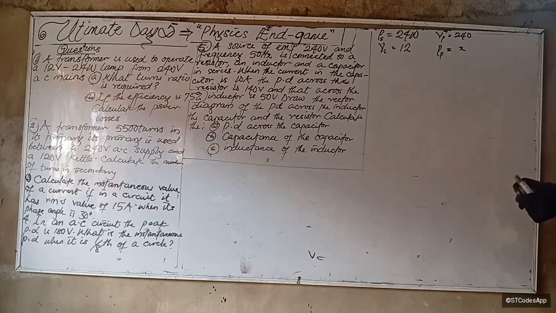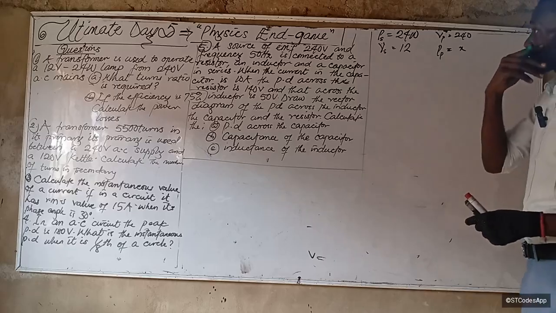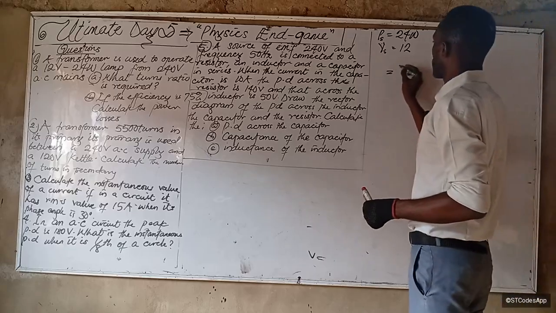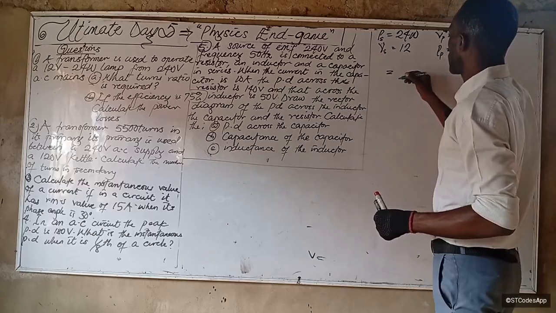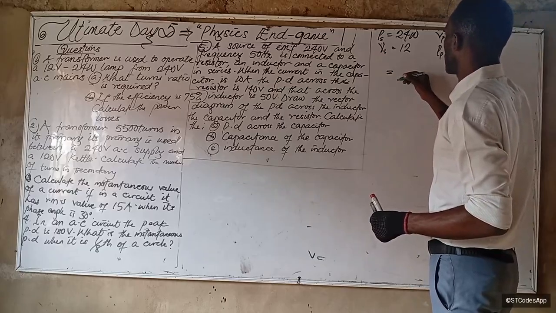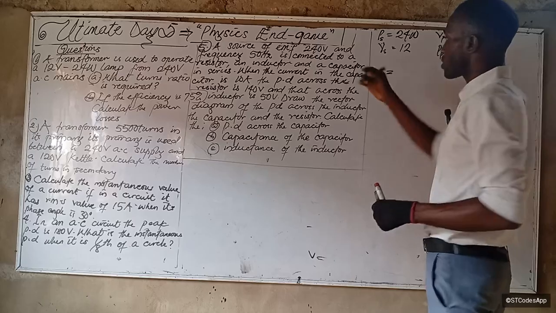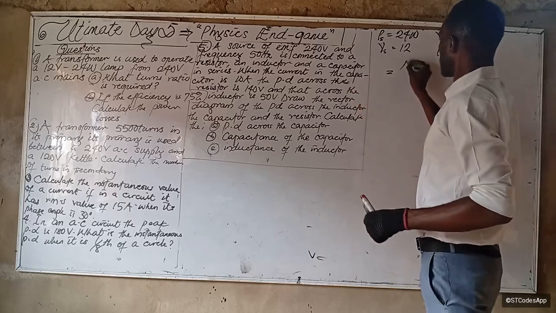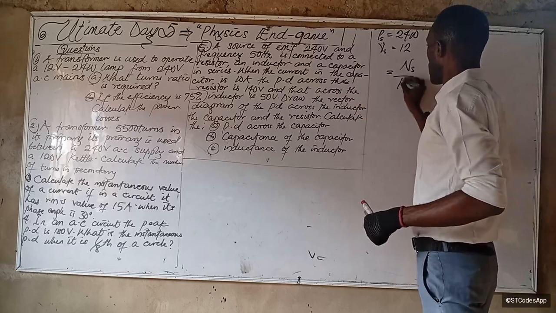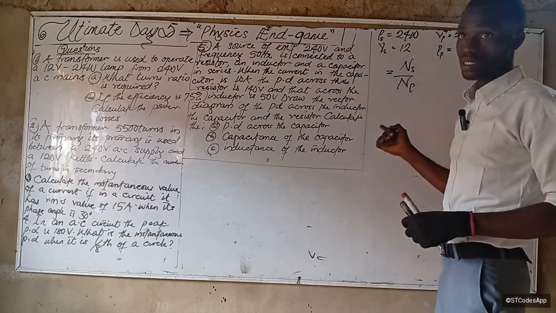So you already know that the turns ratio is NS over NP. Does this make sense?